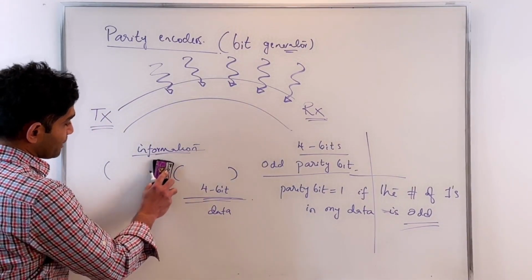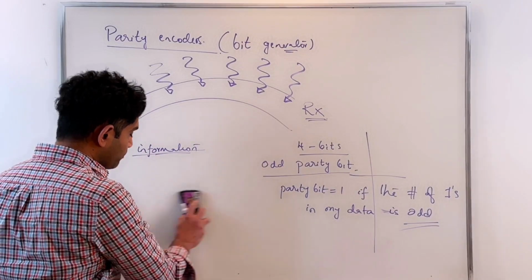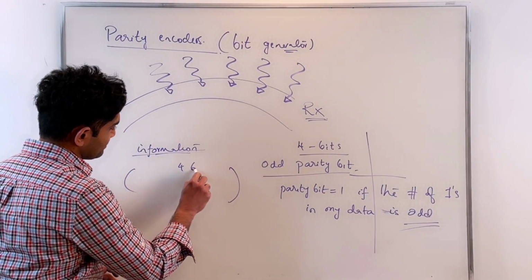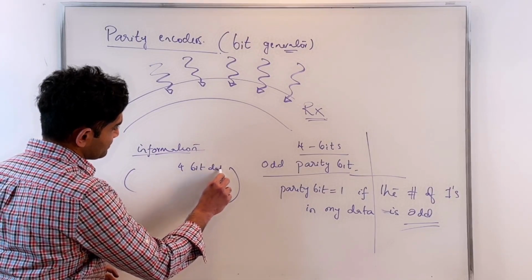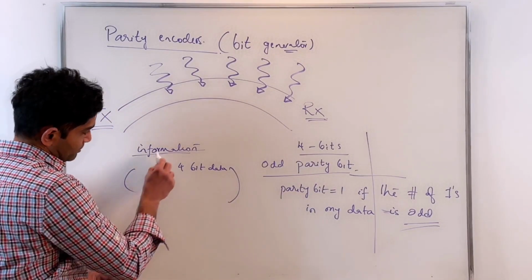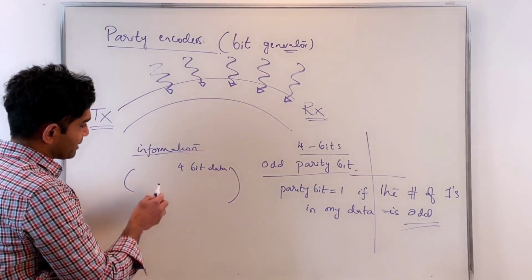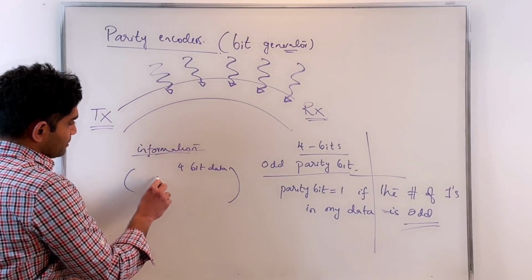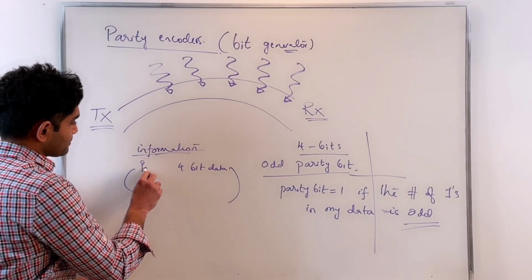So my data packet would now consist of the 4-bit data, and to that I would add, as the most significant bit or the least significant bit, most of the time it's the most significant bit, a 5th bit called the parity bit.